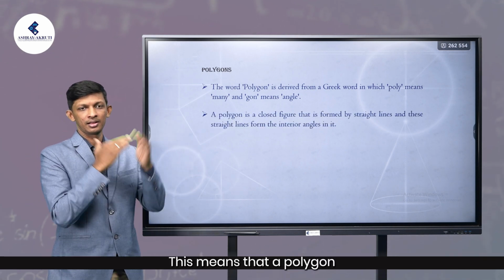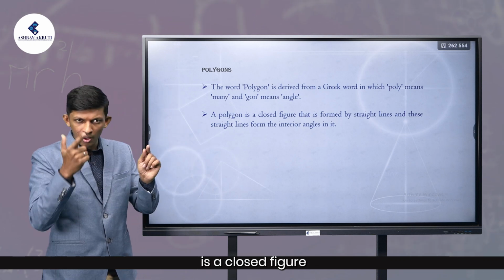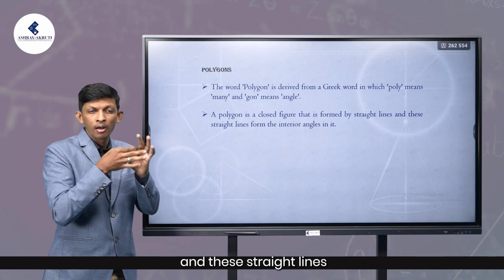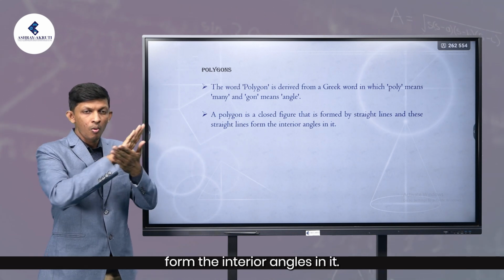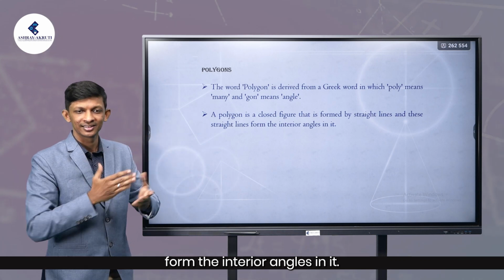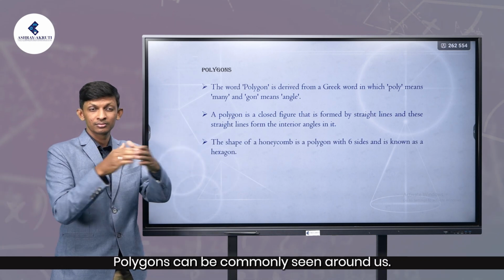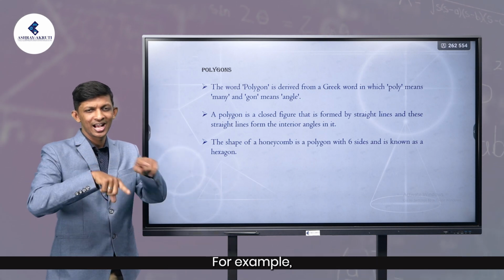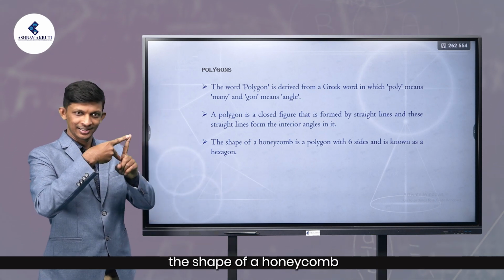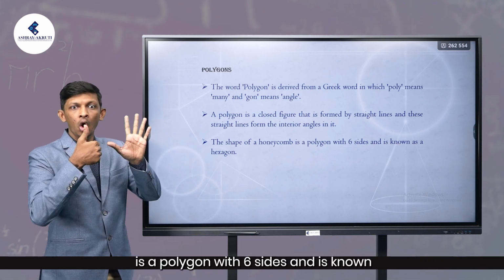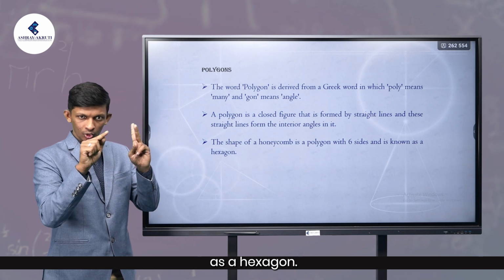This means that a polygon is a closed figure that is formed by straight lines, and these straight lines form the interior angles in it. Polygons can be commonly seen around us. For example, the shape of a honeycomb is a polygon with 6 sides and is known as a hexagon.